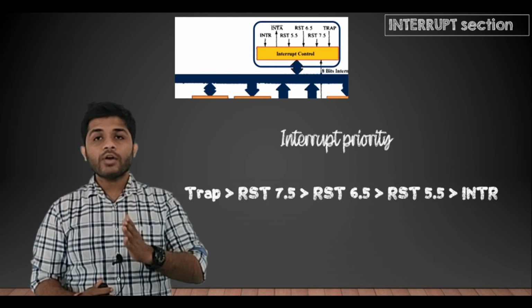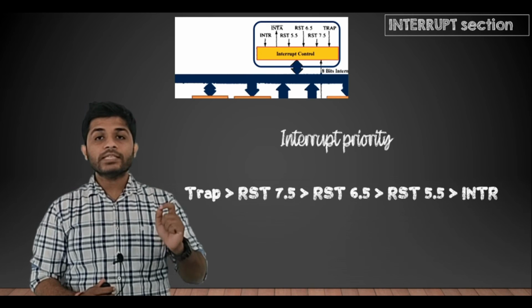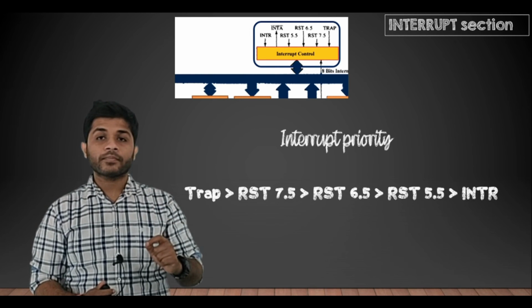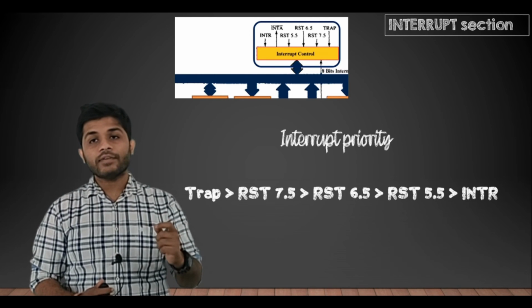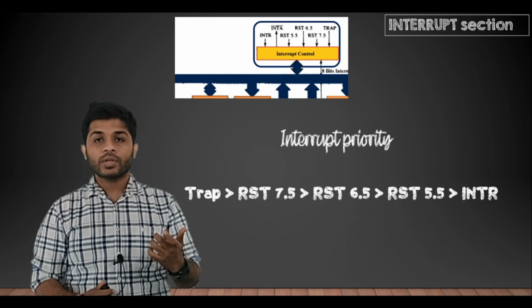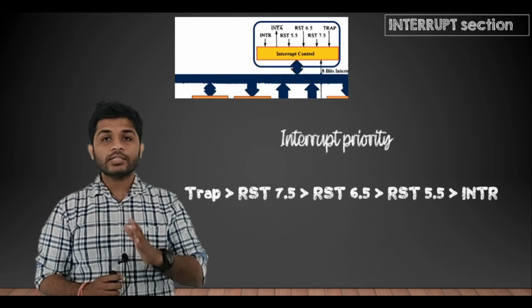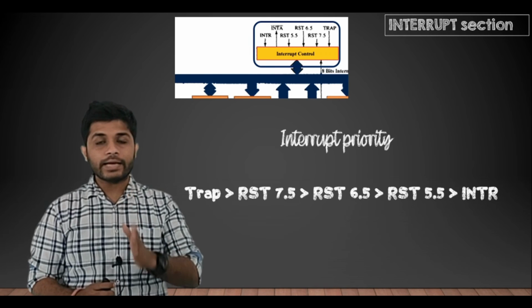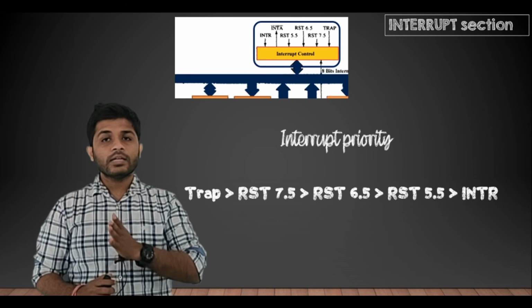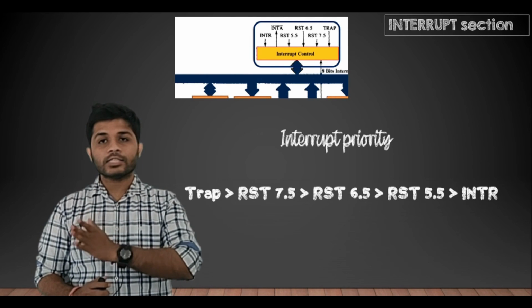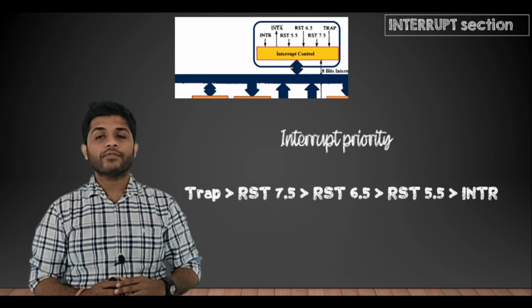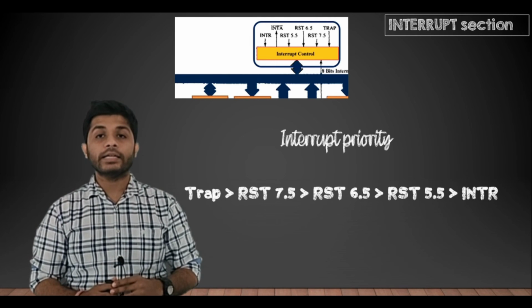From these 5 pins, TRAP has the highest priority and INTR has the lowest priority. After TRAP comes RST 7.5, then RST 6.5 and RST 5.5, and the last one is INTR.